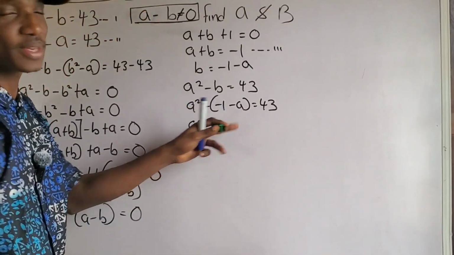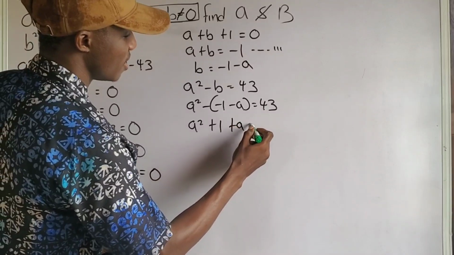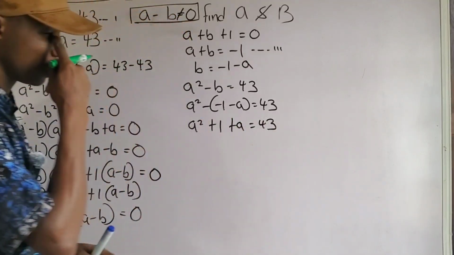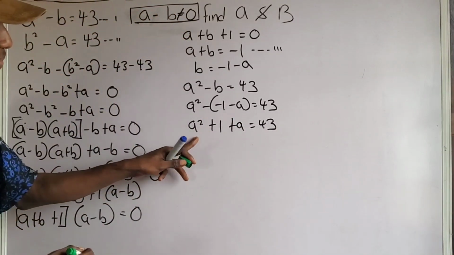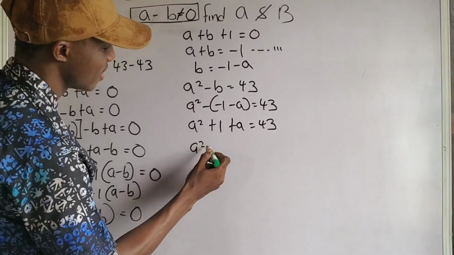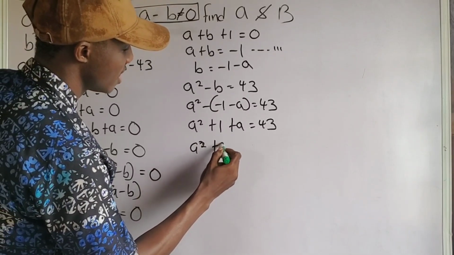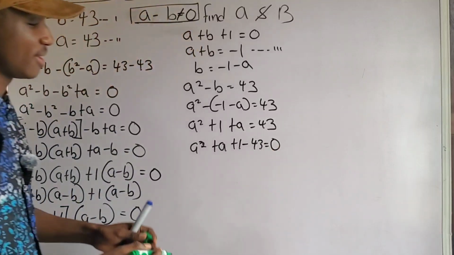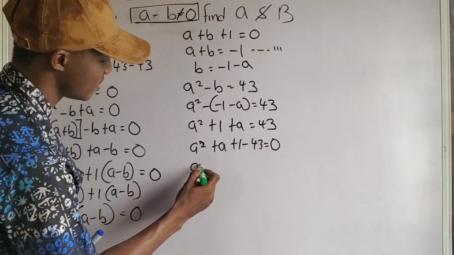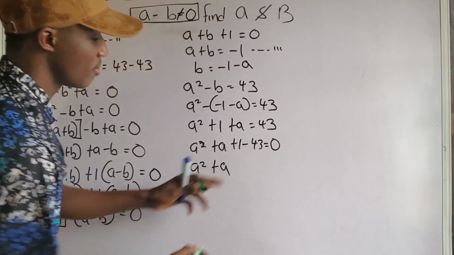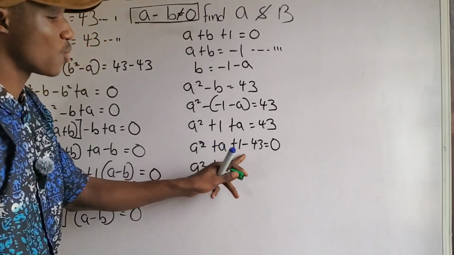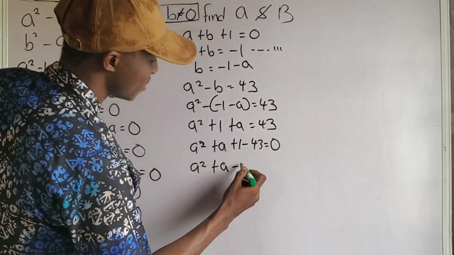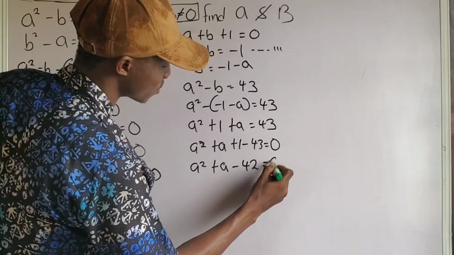Negative 1 times negative a, that is plus a, equals 43. So a squared plus a plus 1 minus 43 equals 0. Okay, a squared plus a plus 1 minus 43, that is minus 42, equals 0.